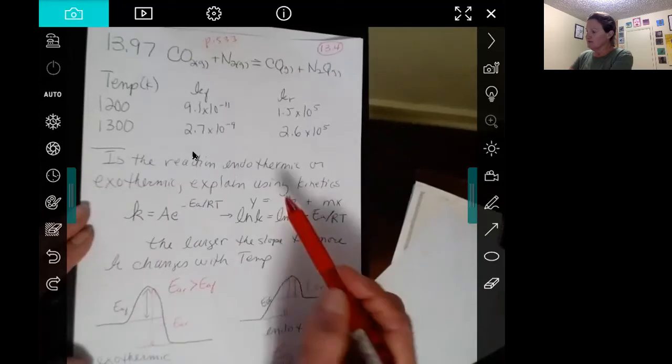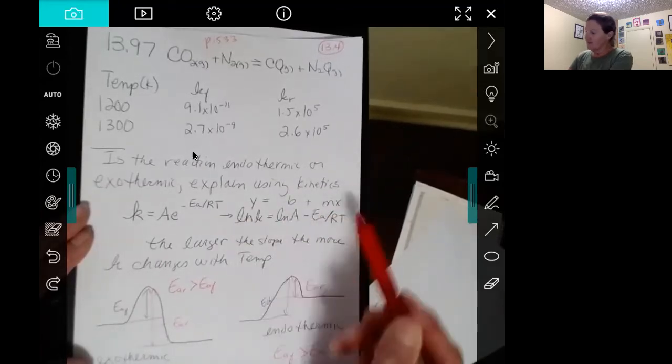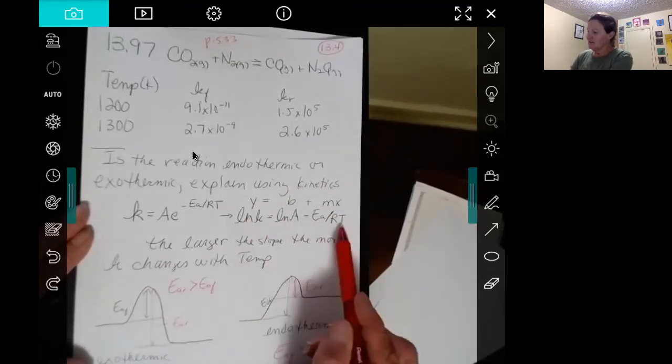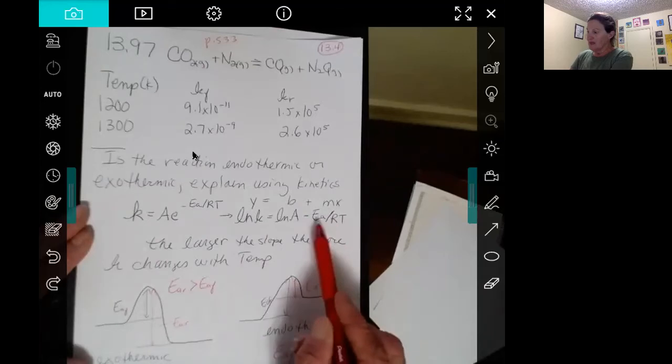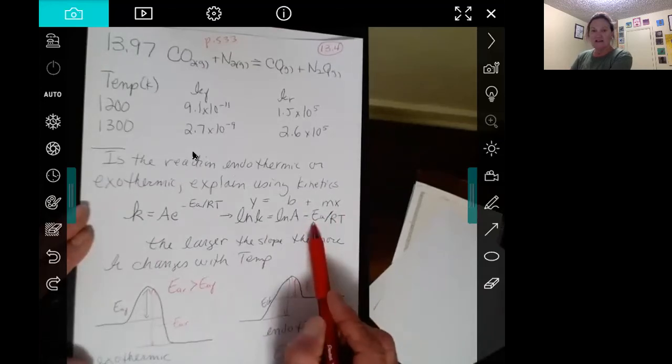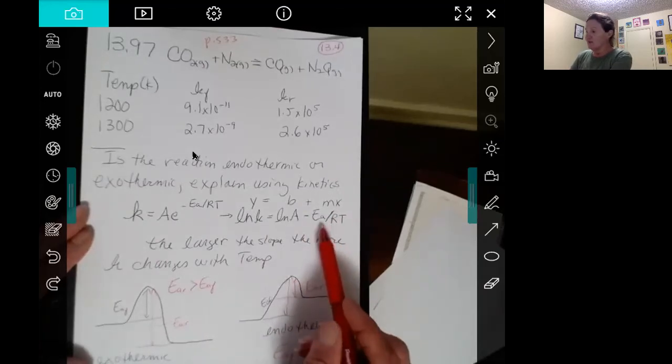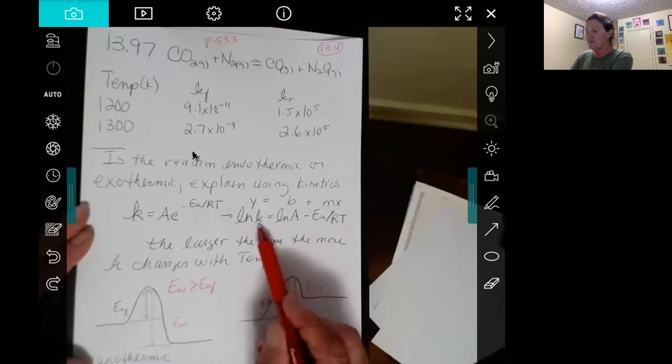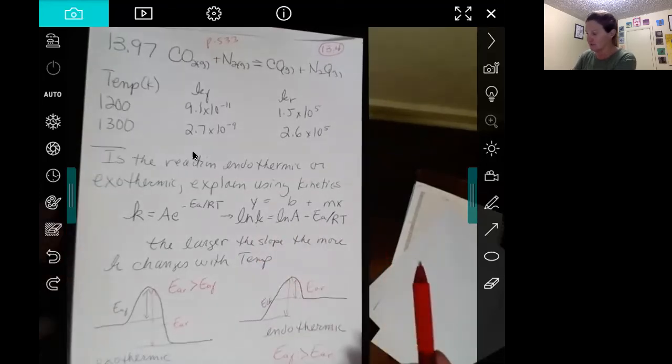The reason I wanted to look at it this way is because this shows you that k changes with temperature, but the slope of that line is Ea over R. So the larger the Ea, the more the rate constant will change with temperature, because it'll have a larger slope.